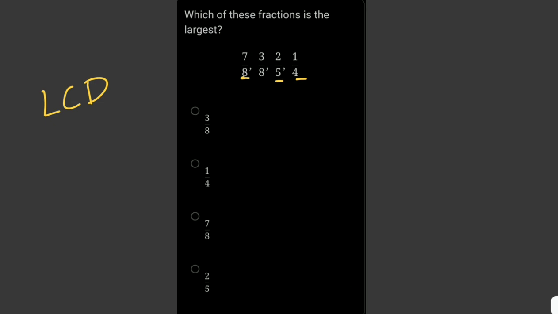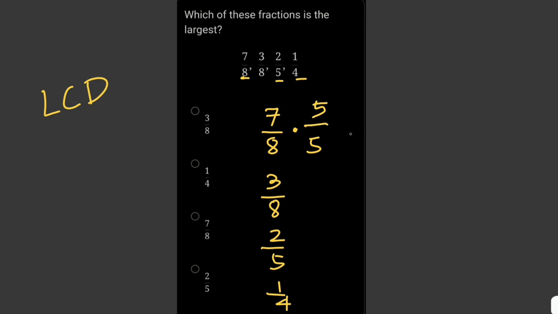In this case, the lowest common denominator is 40. So we have 7/8, 3/8, 2/5, and 1/4. The first fraction, we multiply by 5, both the numerator and denominator, to make the denominator equal to 40.